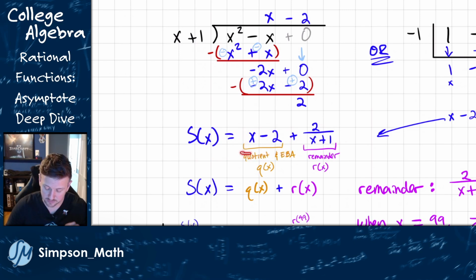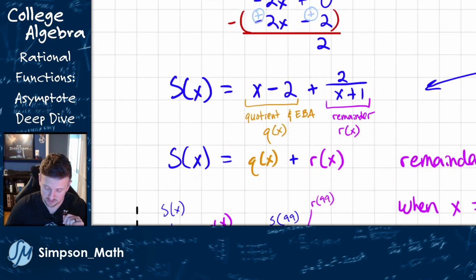I'm going to call this quotient, which is also the end-behavior asymptote, q of x, just for notation. And I'm going to call this remainder part r of x. So the s function, or really any rational function for that matter, could be re-expressed as the quotient plus its remainder. See that? Here's our quotient part plus the remainder.